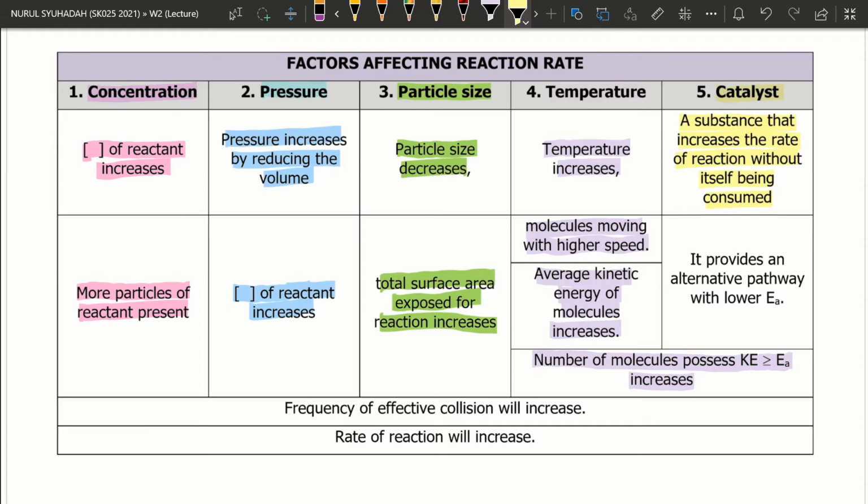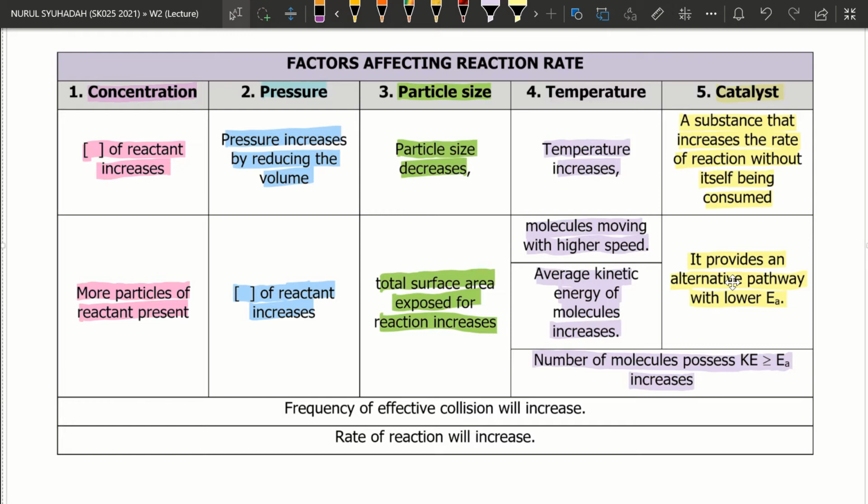Okay, how does a catalyst work? It provides an alternative pathway with lower activation energy. So, since the reaction has a lower activation energy, the amount of energy needed is less. When the amount of energy needed is less, the rate of reaction will increase. Why?